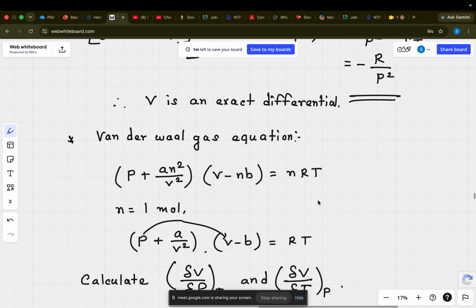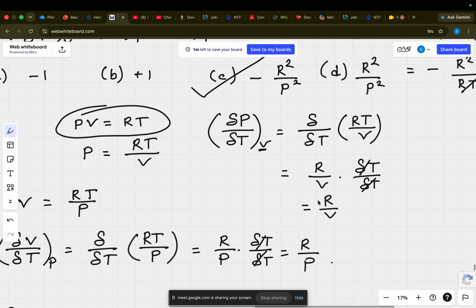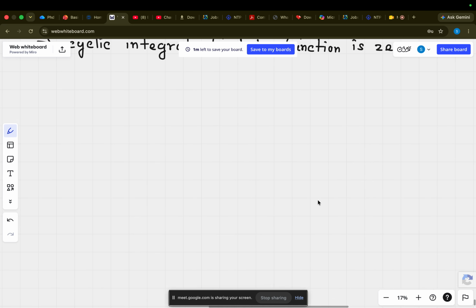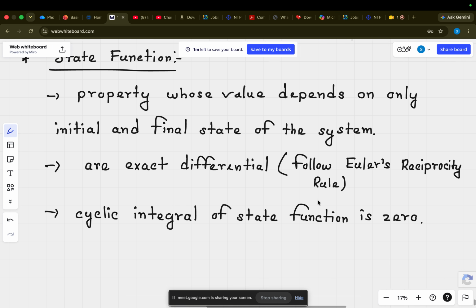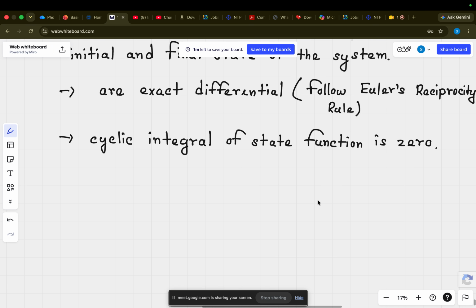So whatever state functions we have, they will maintain these three properties. First, their value depends only on the initial and final state of the system. They are exact differentials, they will follow Euler's reciprocity rule, and they are cyclic; their cyclic integral will be 0.